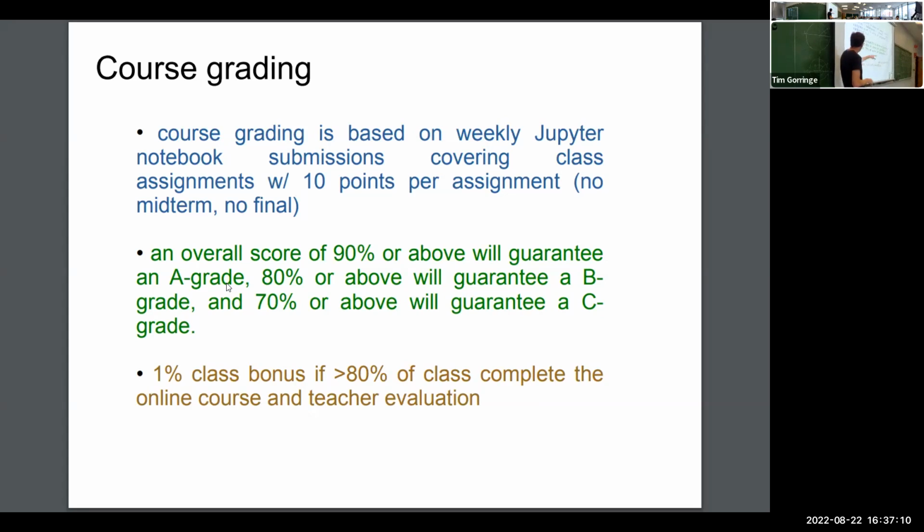Your final grade will be based on your cumulative score on the assignments. A is 90% or above, B is 80% or above, and so on. There's no midterm exam, there's no final exam. It's just these Jupyter Notebook assignments. Is that all clear?